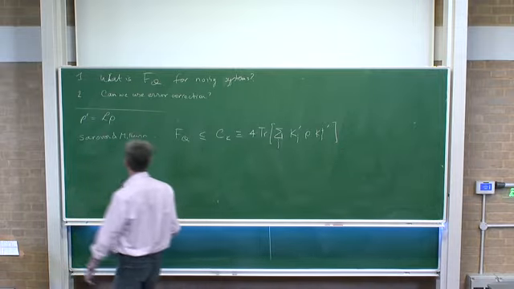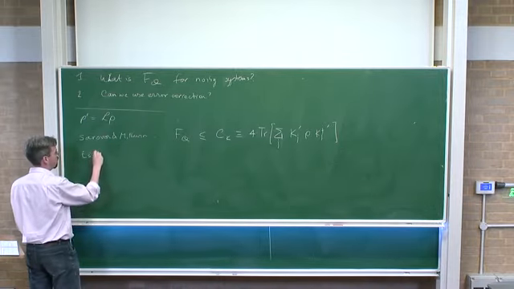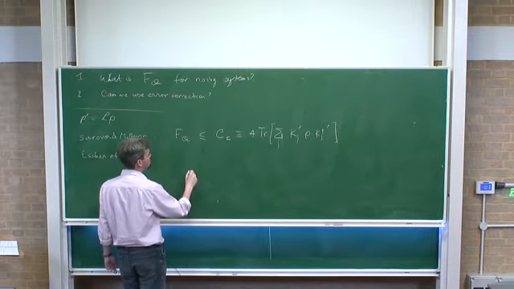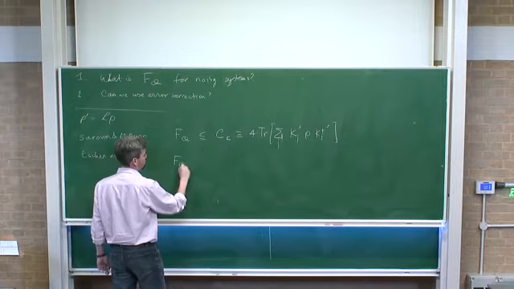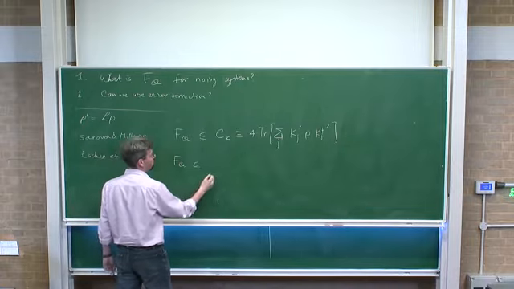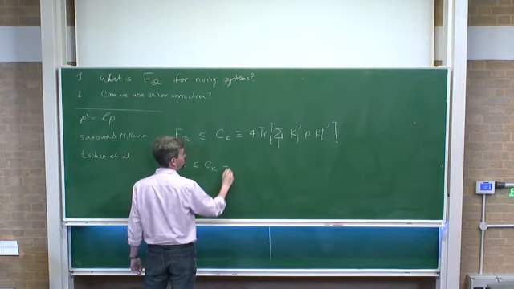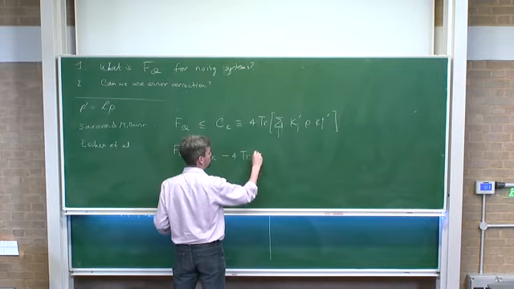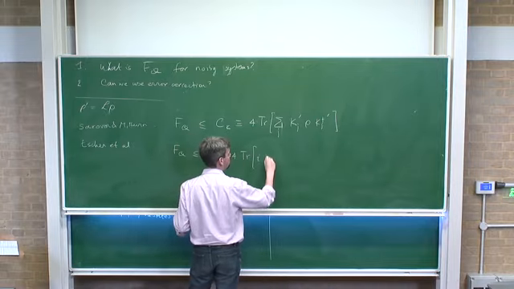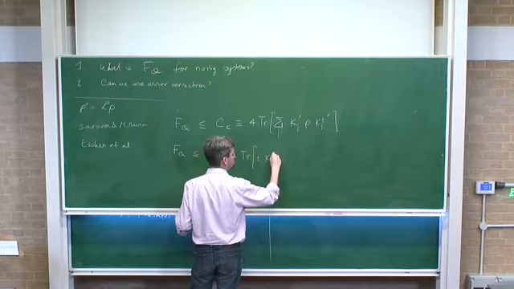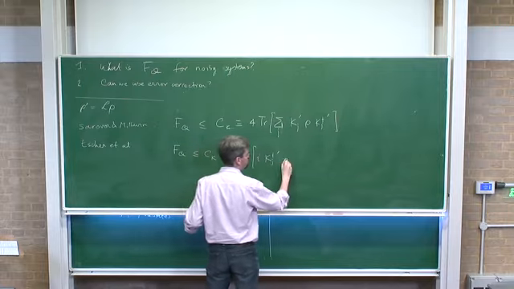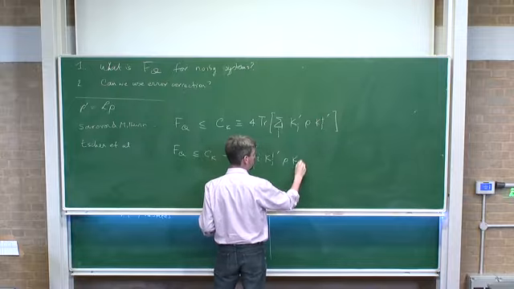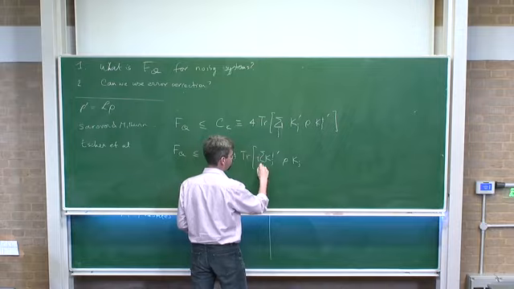Then Escher et al. tightened this bound, so it's smaller than C_k minus, and they added a term, I k_j dagger rho k not primed, sum over j.